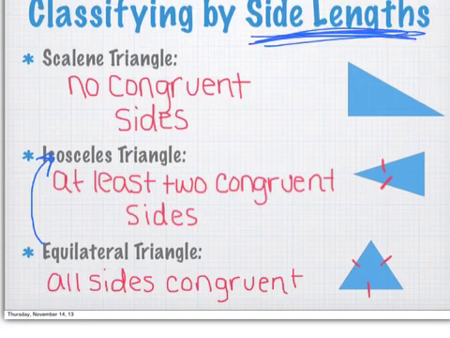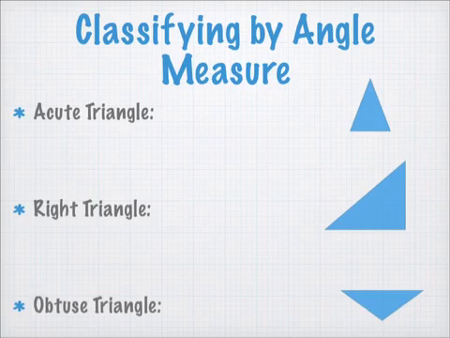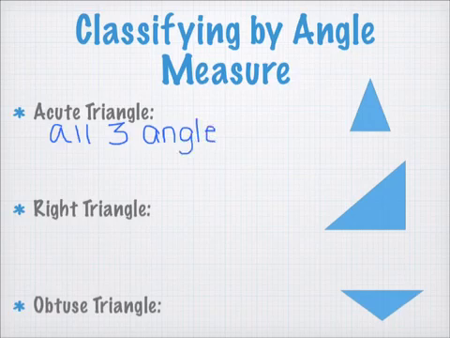Let's talk about angle measure. Okay? What's an acute angle? Close. Less than 90, okay? An acute triangle has to have all three angles be acute angles. All three angles are acute.